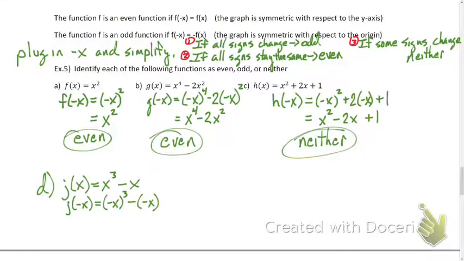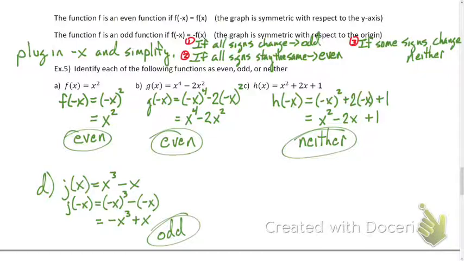I mean, it cancels out at first. Negative x times negative x times negative x becomes positive, but then it becomes negative, so negative x cubed. And then negative negative x becomes positive x. All signs flipped. We have an odd function.